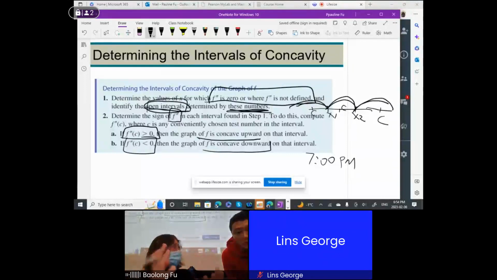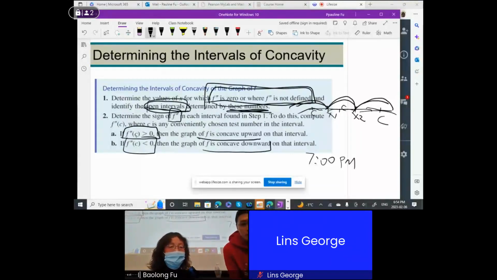Otherwise, where is C? You don't know. That's why we need this step, in order to locate C. Good question.